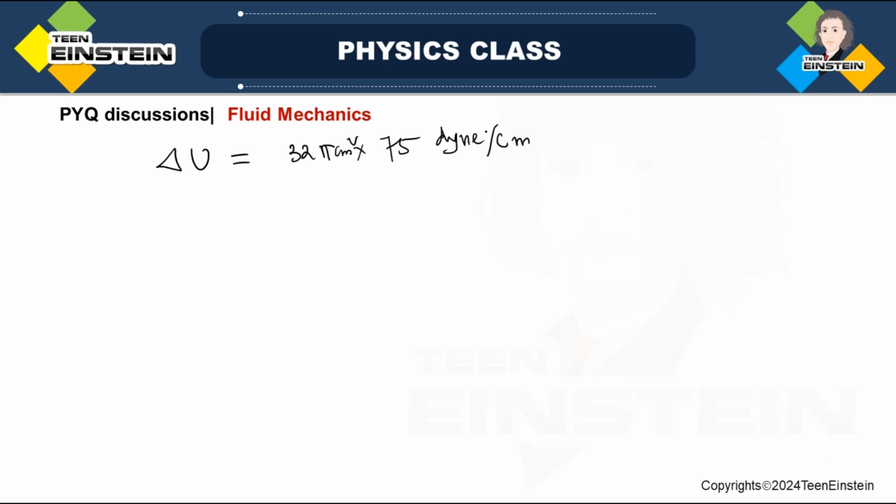This will give you a value of 75 into 32 into pi. Let me take this as 3.14.